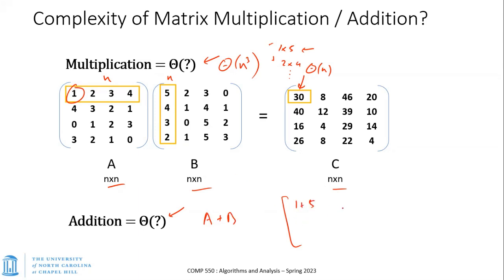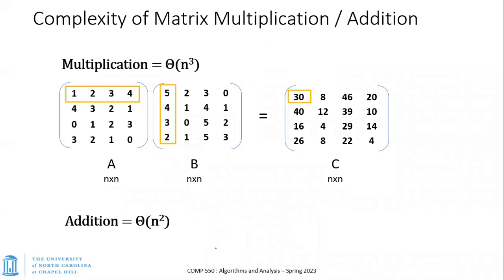Does 1 plus 5 depend on n? No. So what's the complexity in terms of n for addition? N squared. So that should be n squared. Hopefully everybody can see that. So the complexity of multiplication is certainly higher than addition.